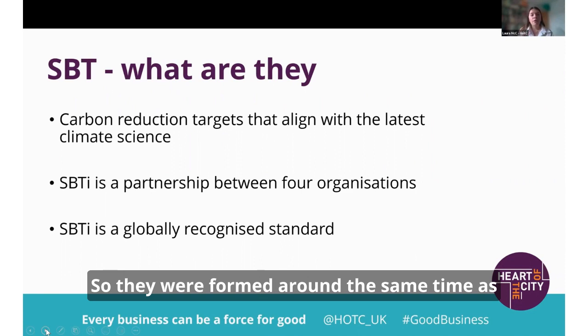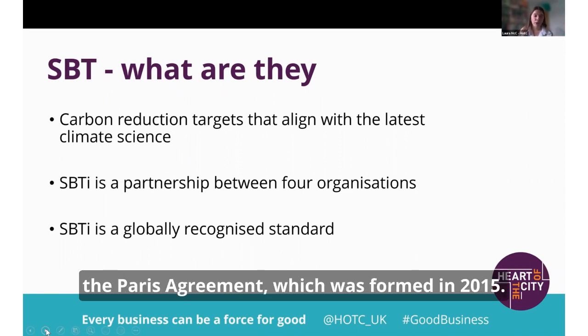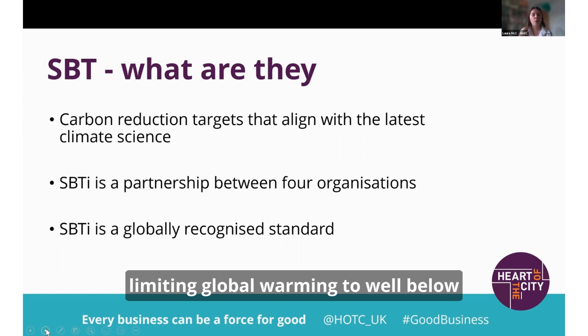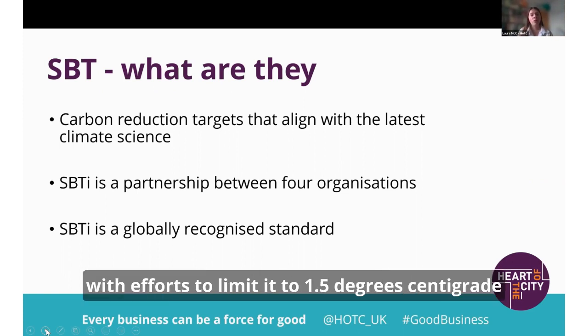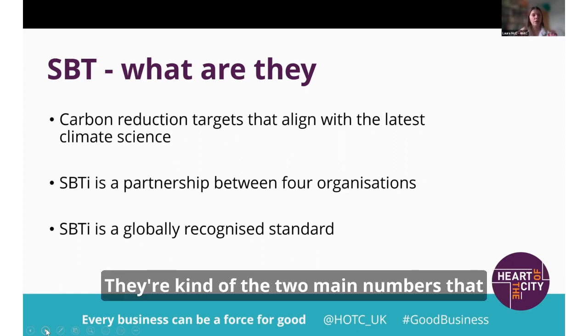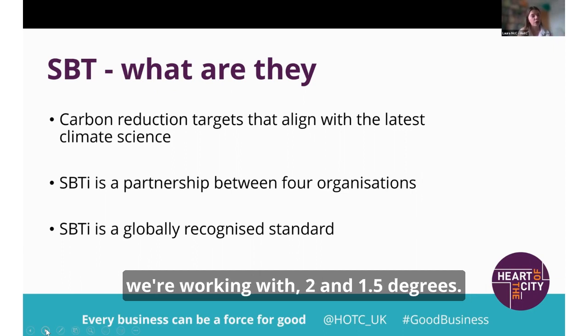They were formed around the same time as the Paris Agreement, which was formed in 2015. The Paris Agreement is an international agreement where governments committed to limiting global warming to well below 2 degrees centigrade, with efforts to limit it to 1.5 degrees centigrade above pre-industrial levels. Those are the two main numbers that we're working with, 2 and 1.5 degrees.